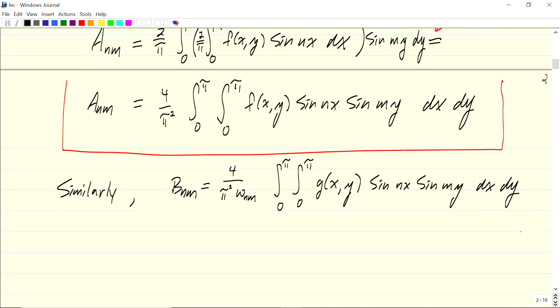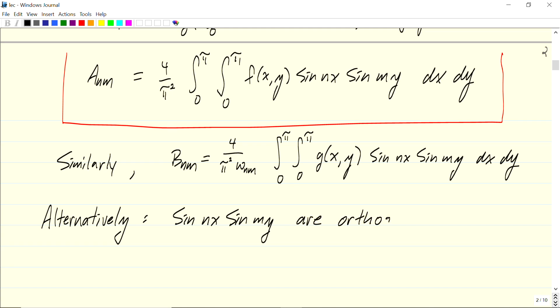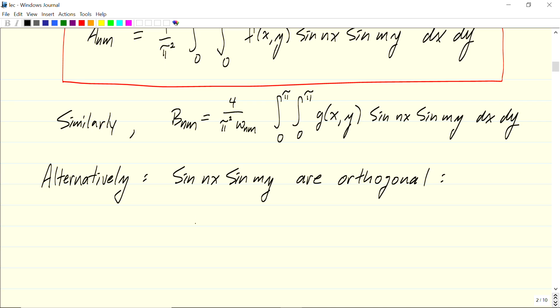An alternate way of doing the whole thing: alternatively, sine nx, sine my are orthogonal. Meaning, let's call this phi sub nm.